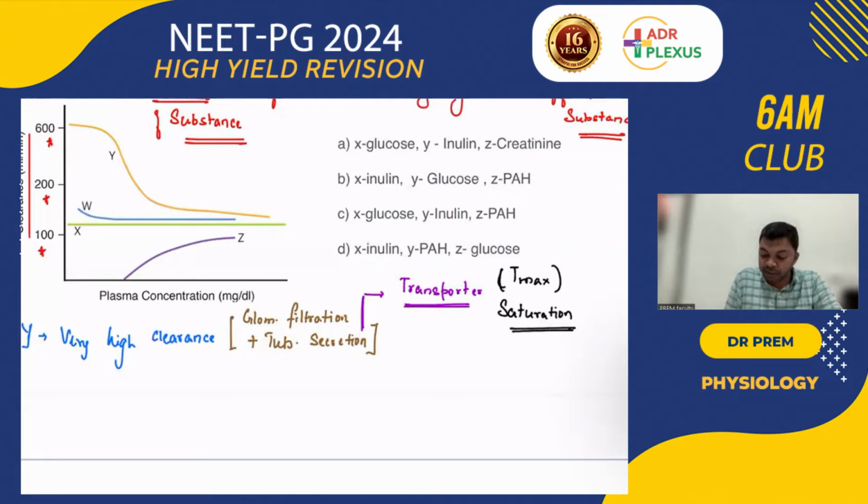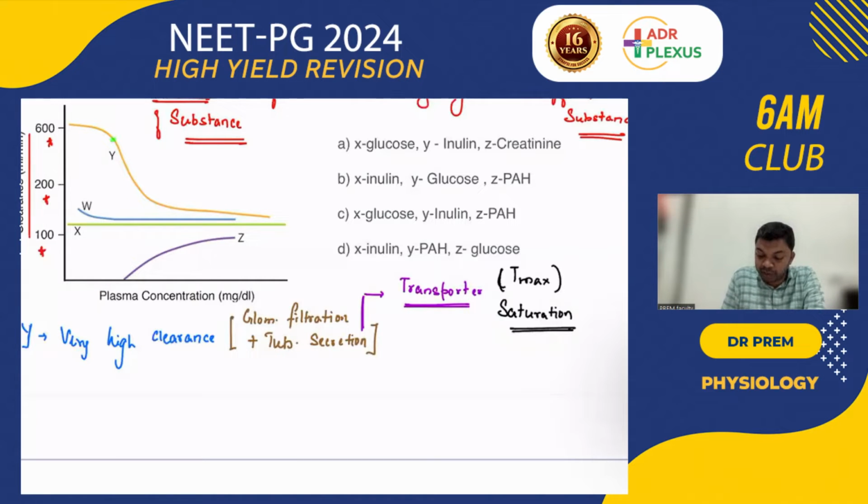There is going to be an abrupt drop in the clearance, because the transporters are getting saturated. Doctors, please remember, every time there is an increase in plasma concentration, there is an abrupt drop in clearance.